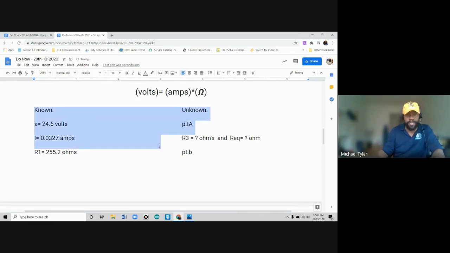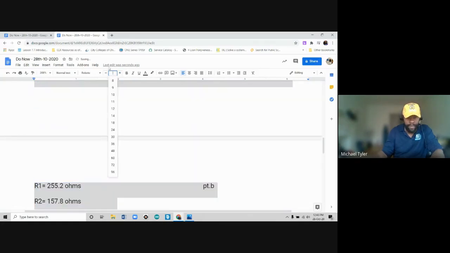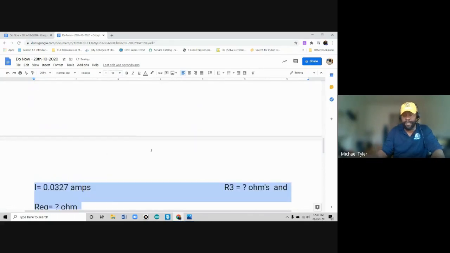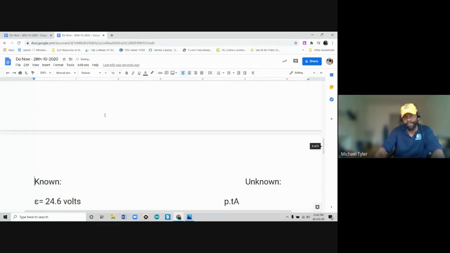These are your notes section, so I know it's gonna get bigger. I'm just bringing it down one page because I don't want it to overlap. So we'll make this 14. That's why it's bigger. You can see it, and just bring all this down so you can see your known and unknowns on one page. Cool.